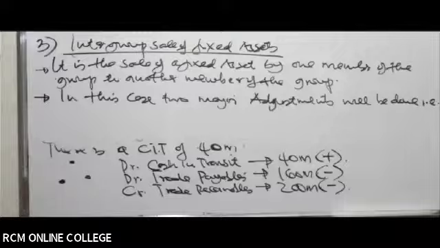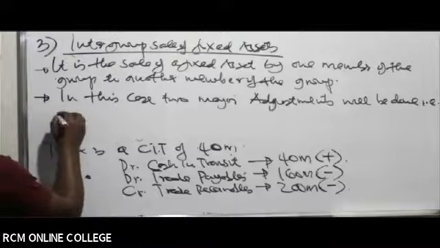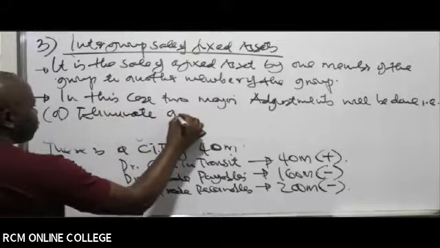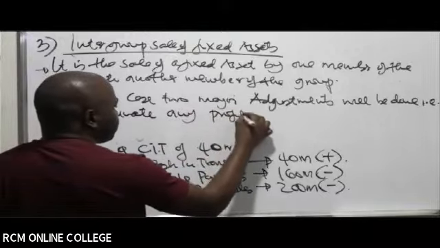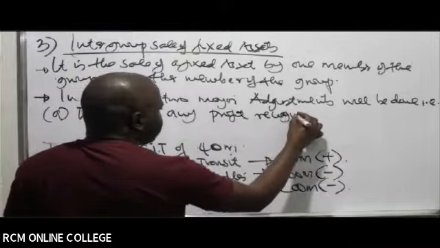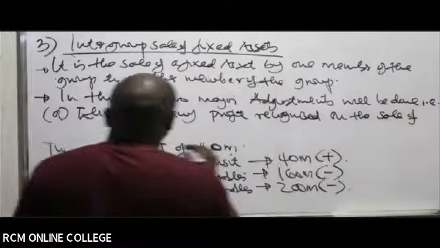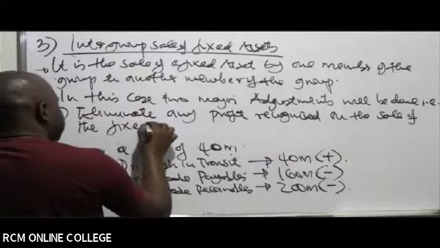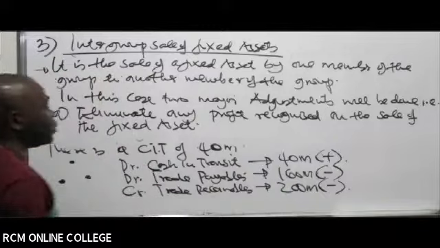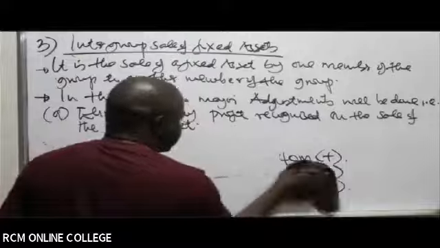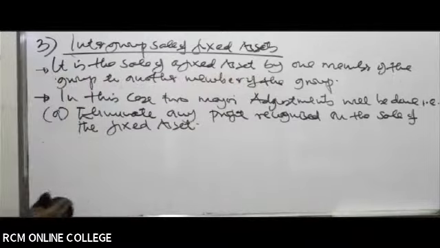Part A: first of all, eliminate any profit recognized on the sale of the fixed assets.